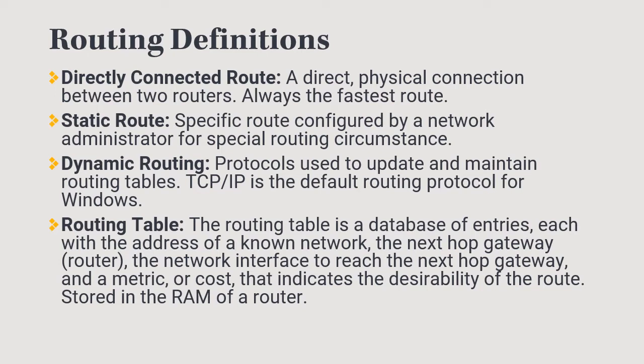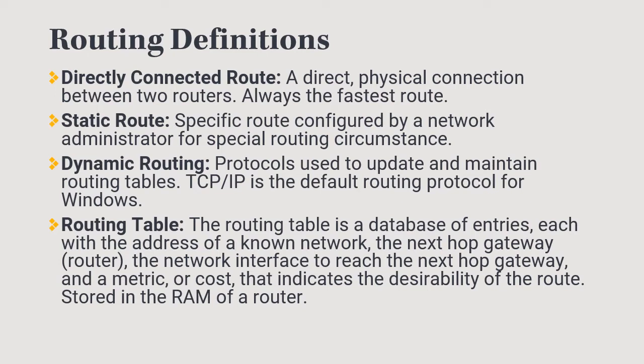And then a routing table. A routing table is basically just a bunch of entries, and these entries have known network paths, including things like the next hop. That's the next place it's going to try to send the traffic if you're routing something through that router and it doesn't know where else to go. It's also going to include statistics about each of those pathways.